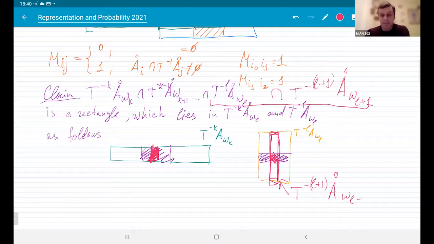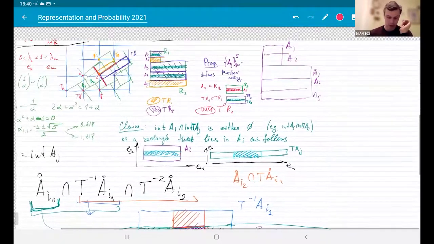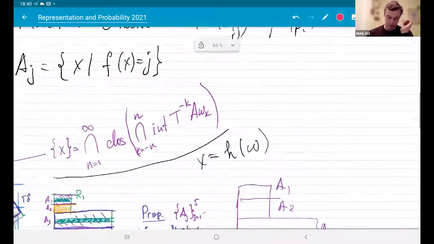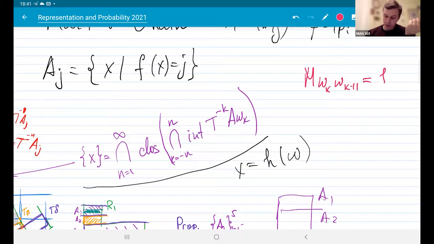Okay. And this means that, when we consider, so now let us go back to this formula. We see that if omega k is an allowed sequence, so we assume that m omega k plus 1 equals 1 for any k.